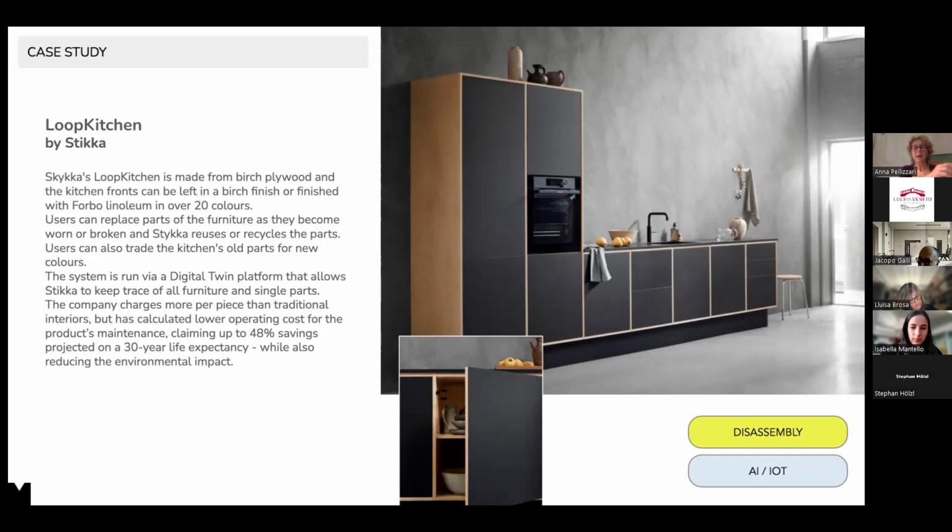So it's a way of redesigning also the business model and the way the product is sold, and the way you justify certain prices to make it more interesting for your clients, and at the same time pursuing circular economy policies.